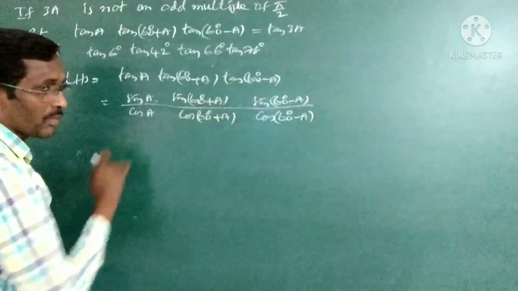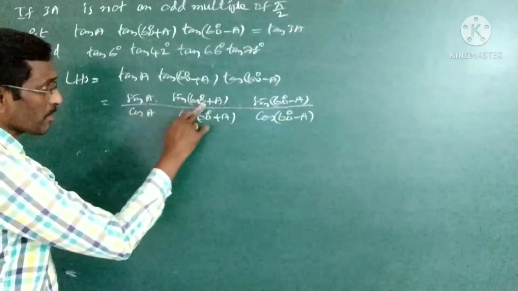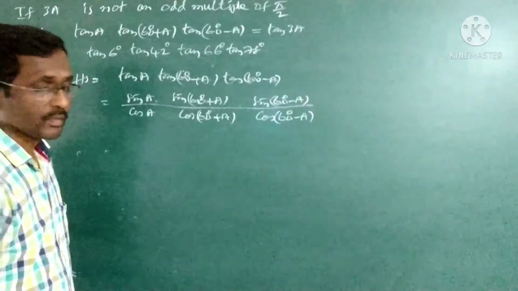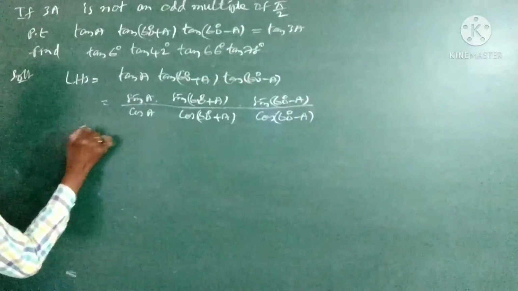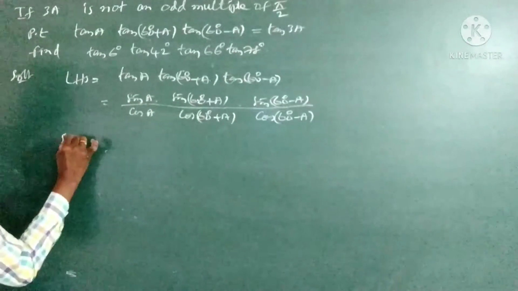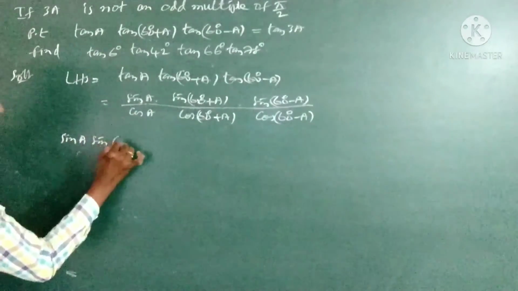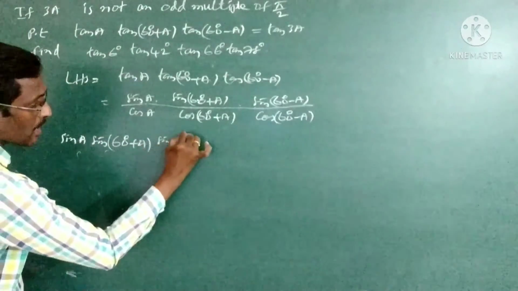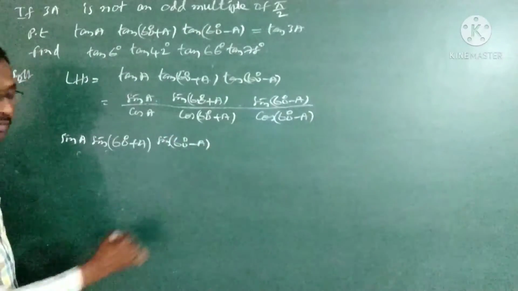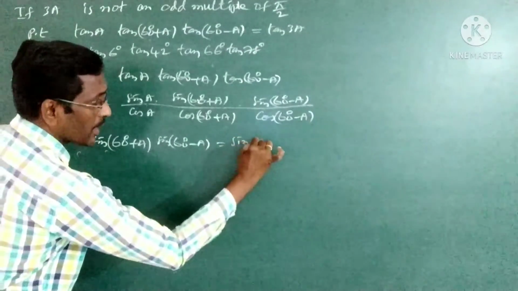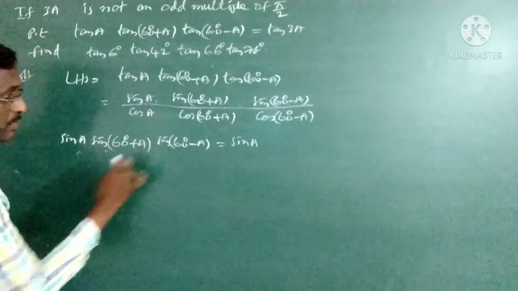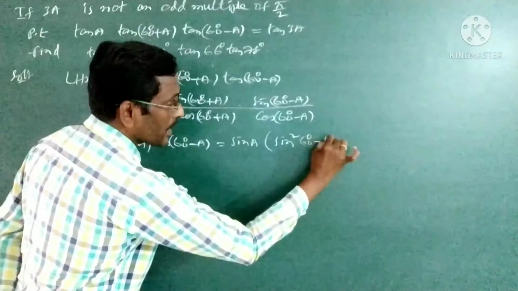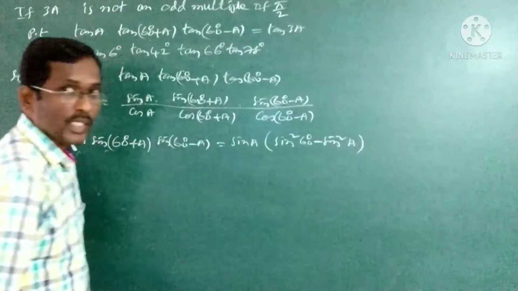Already we solved this problem in the previous one. The value is 1 by 4 sin 3a. Now for this you have to prove again. So if I take the numerator, sin a sin(60 plus a) sin(60 minus a), which equals sin a into (sin a plus b) into (sin a minus b), becomes sin square a minus sin square b.